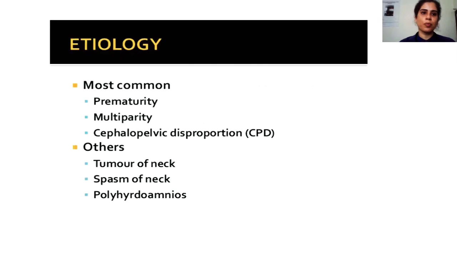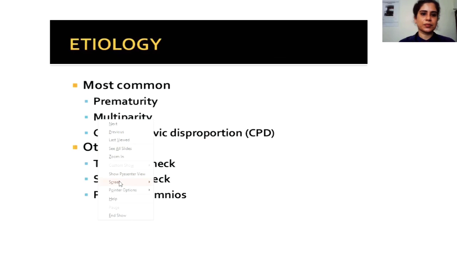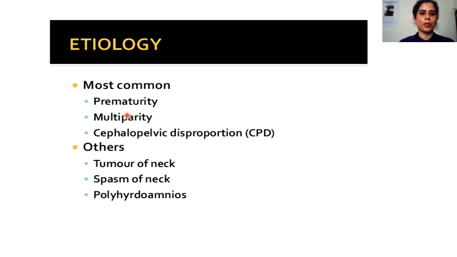The causes of brow presentation are almost the same as in face presentation. The most common causes are prematurity, multiparity, and cephalopelvic disproportion. The other causes include tumor of the neck, spasm of the neck, and polyhydramnios.